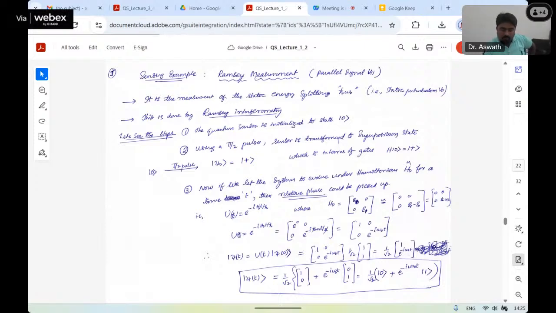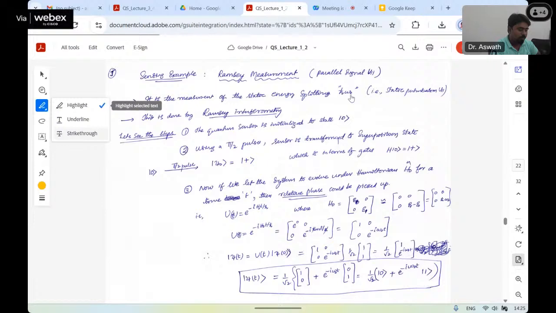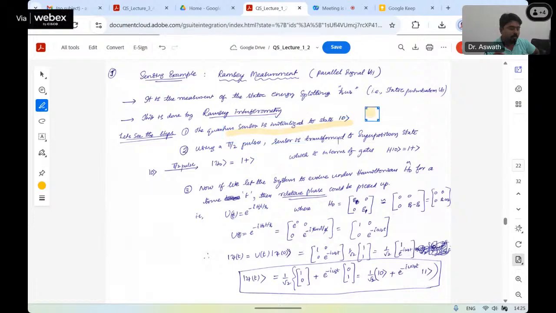So now I prepare the system with a quantum state. After preparing, I want to put that into a superposition state.